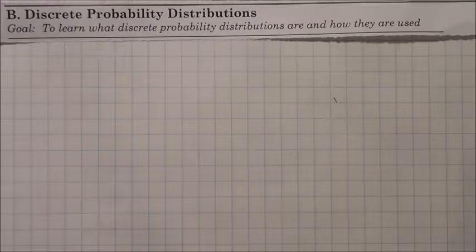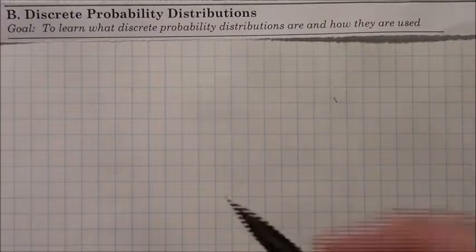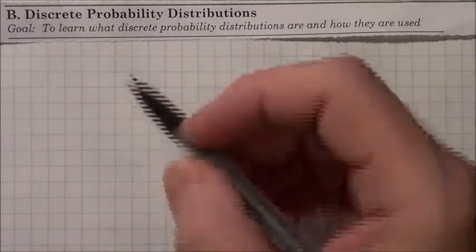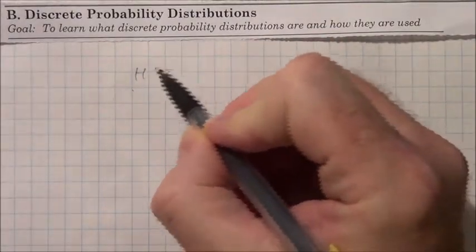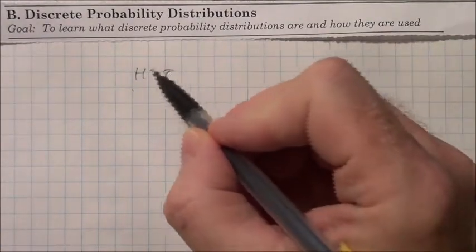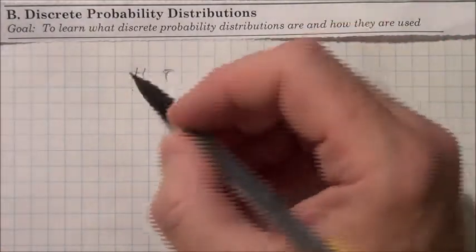So if we're going to construct a probability model, it's necessary to assign a numerical value to each outcome. So outcomes could be like, again, flipping a coin. We've got heads or tails. Or flipping two coins, for example.